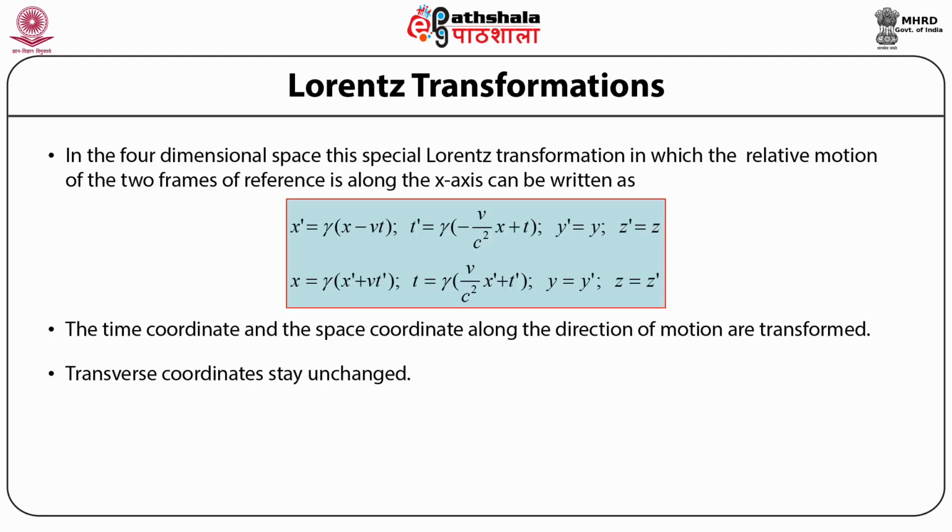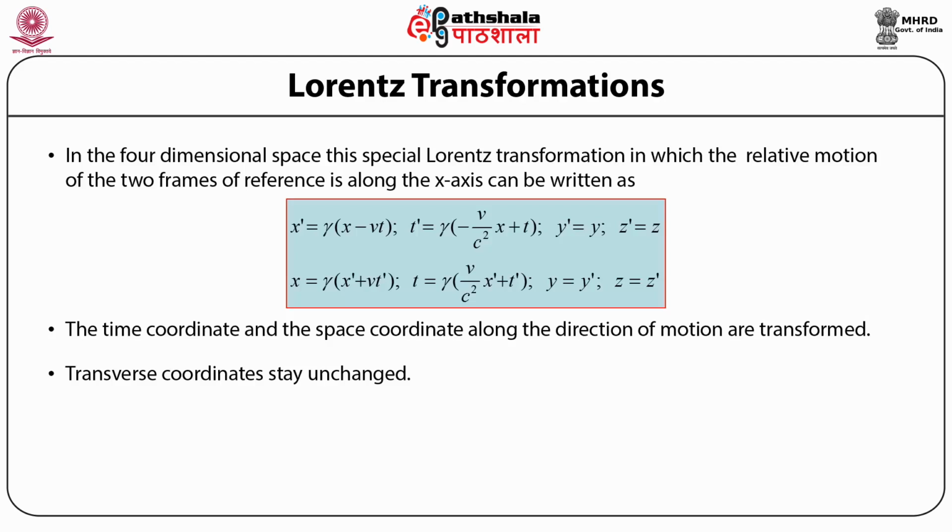Similarly, the inverse Lorentz transformation can then be defined as x is equal to gamma times (x prime plus v times t prime), t is equal to gamma times (v by c square times x prime plus t prime), y is equal to y prime, and z is equal to z prime.